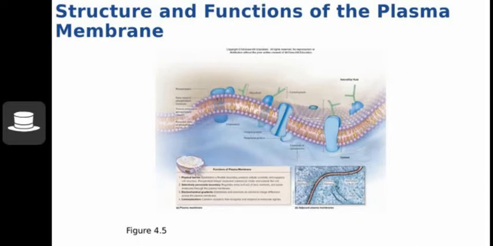Things that are nonpolar are just fine with the center of the plasma membrane, but things that are polar or that have a charge or that are hydrophilic really don't like to go through the middle of the plasma membrane where we have all those fatty acids. This makes the plasma membrane very effective for separating water inside the cell from any kind of water outside of the cell.